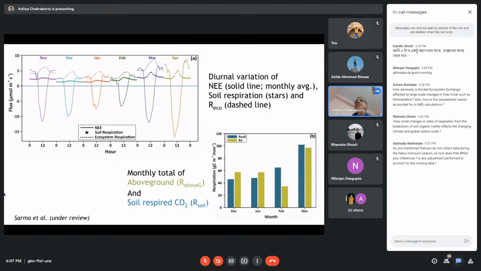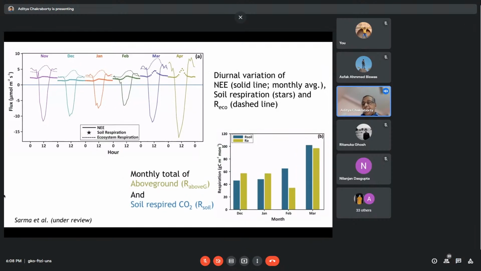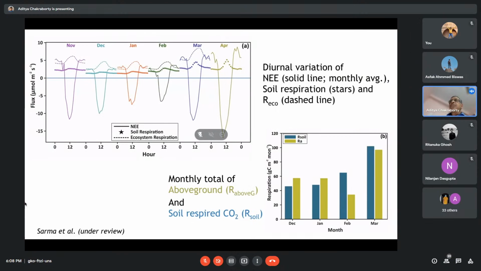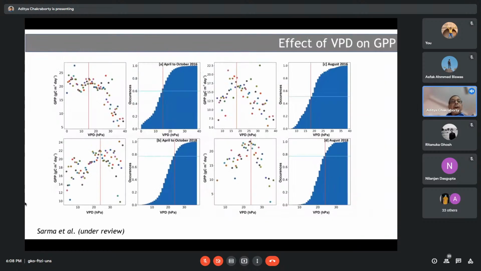Because of these two reasons, the soil respired CO2 component is much higher in Kaziranga than in most ecosystems in India. That is one of the main reasons why this ecosystem is slightly a source of carbon.